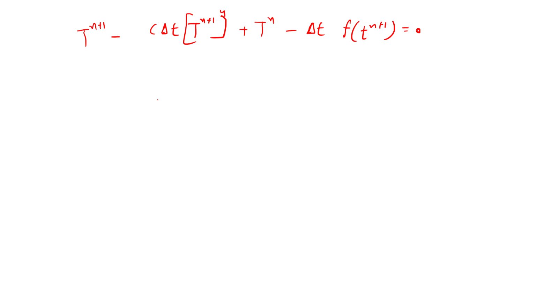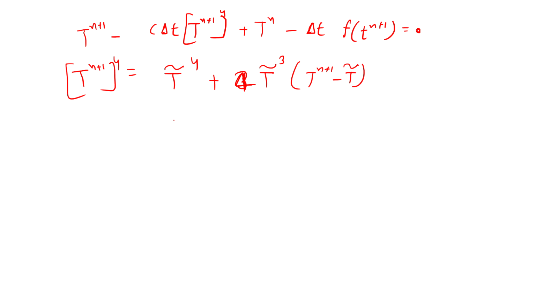So I am trying to do the linearization. T^(n+1) to the power 4 will become T tilde to the power 4 plus 4 T tilde to the power 3 times (T^(n+1) minus T tilde). That is T tilde to the power 4 minus 4 T tilde to the power 4 plus 4 T tilde to the power 3 T^(n+1).